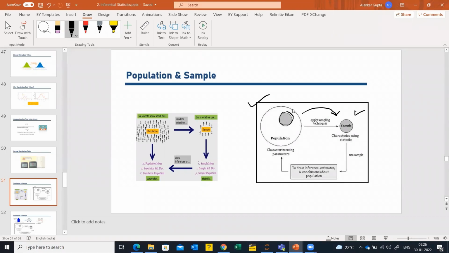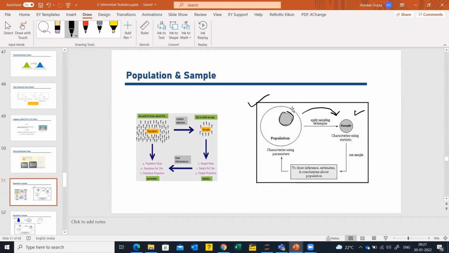So what can we do to study the height of a particular region? We can make a judgment about the average height or the standard deviation of the height in the country. So we can do that with the help of a sample, right? A sample is basically used to predict about the population, right?